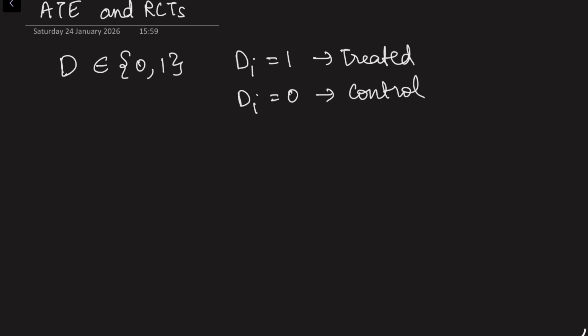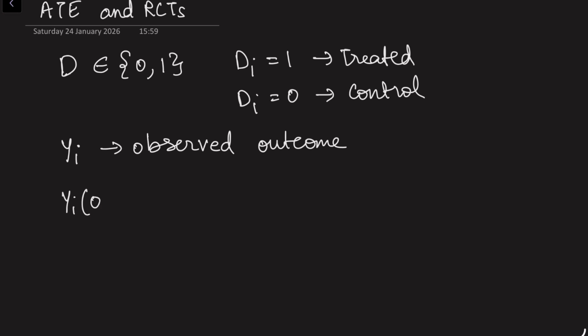Now secondly, there are outcome variables. Firstly, of course, there is an observed outcome. So this is something that we actually see in the real world. This is called observed outcome. The second one is potential outcome, and potential outcomes are of two types: potential outcome of untreated and potential outcome of treated, right?